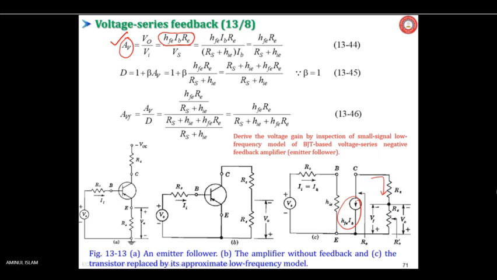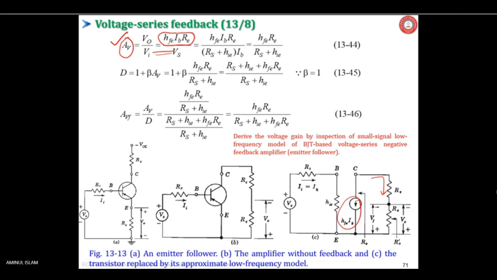So you get the same current flowing actually to RE. So you get HFE IB into RE divided by VS. VI equals VS. So we get this expression.